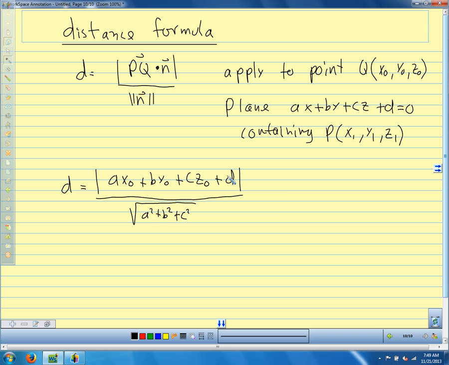And d here is given by negative, like we said before, the combination of all the x1, y1, z1 pieces. So d is given by that expression.